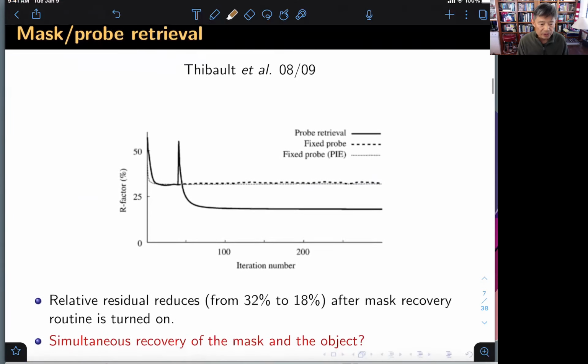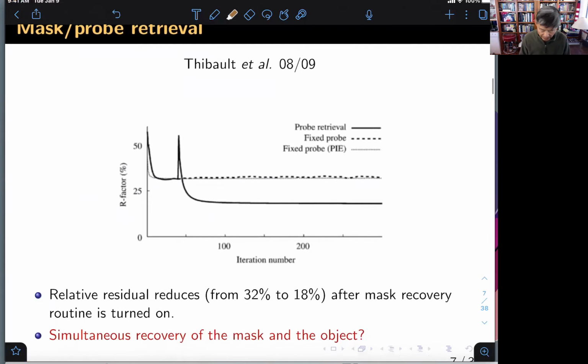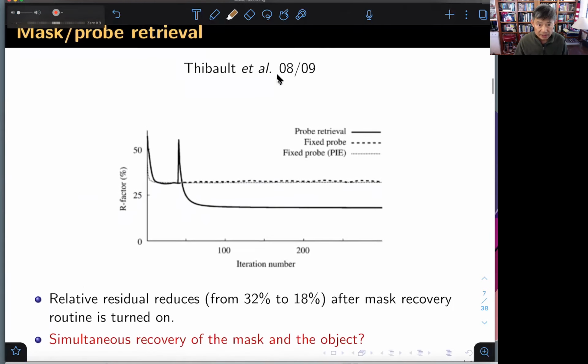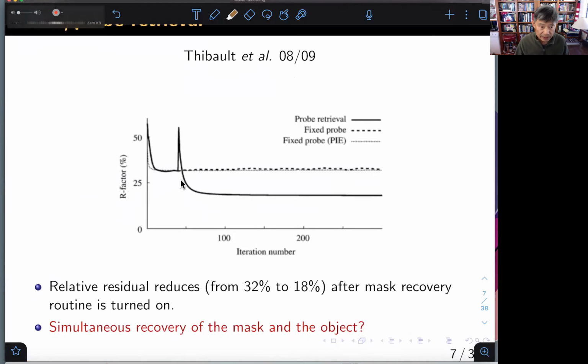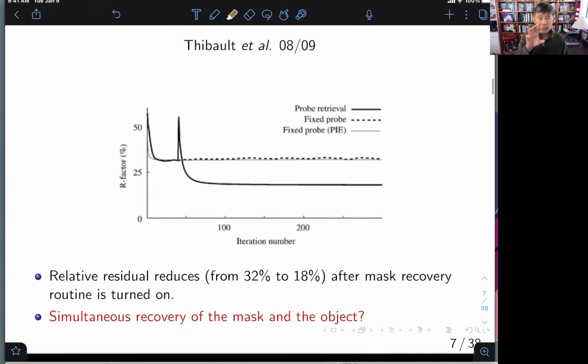Now my personal motivation actually comes from this paper published in Science in 2008, and this is the plot that they show. These physicists have a reputation for being bold. They'll do something when they don't know what would actually occur, and this is what they did. In this case, they realized that they cannot control their probe very well.